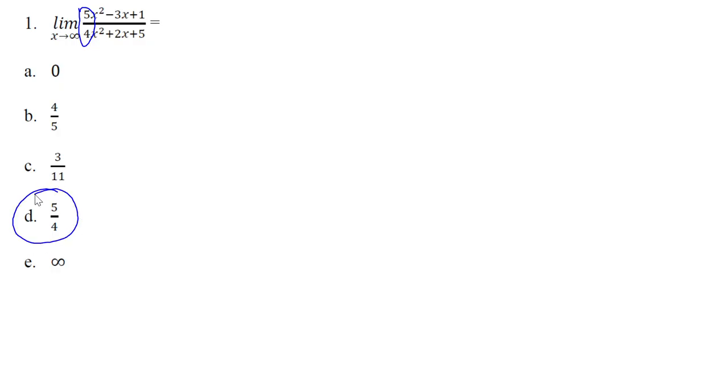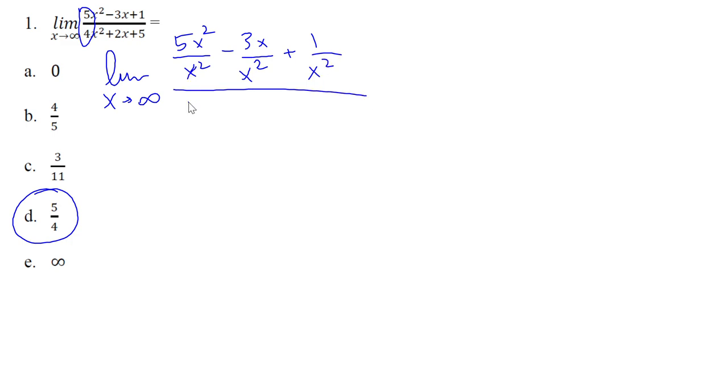But that wouldn't be good enough on a free response question. So we should know that one of the ways to do this is a limit as x approaches infinity of 5x squared over x squared minus 3x over x squared plus 1 over x squared all over 4x squared over x squared plus 2x over x squared plus 5 over x squared.